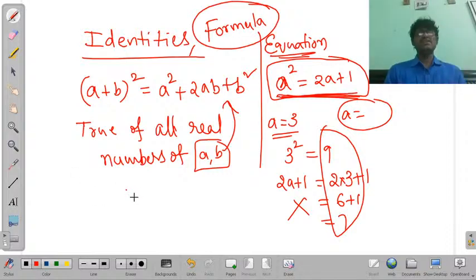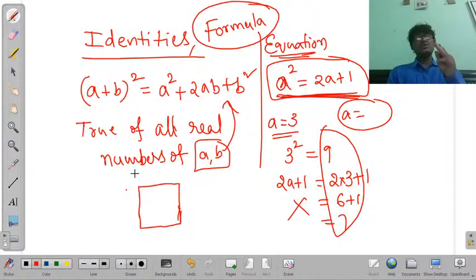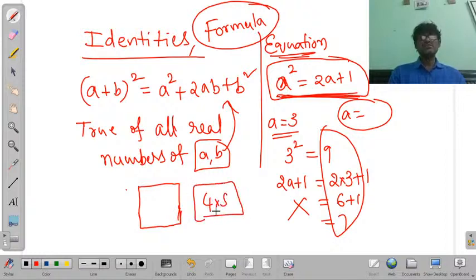Suppose we take a square, what is the perimeter of this square? To find out the perimeter of the square, we can use one expression. The expression is 4 times s. This is the expression used to find out the perimeter of a square. This is called formula.